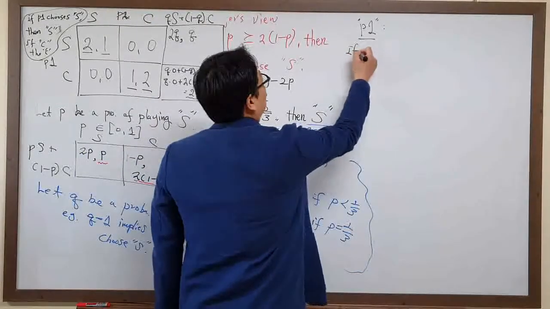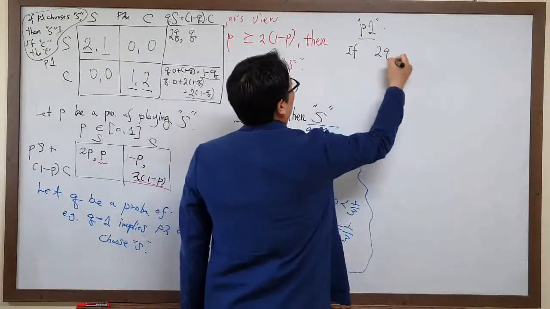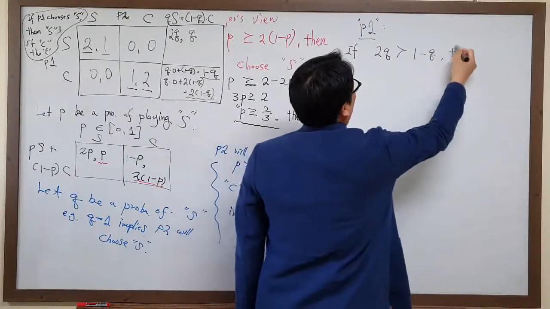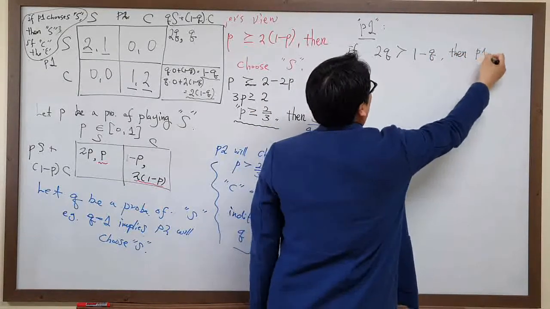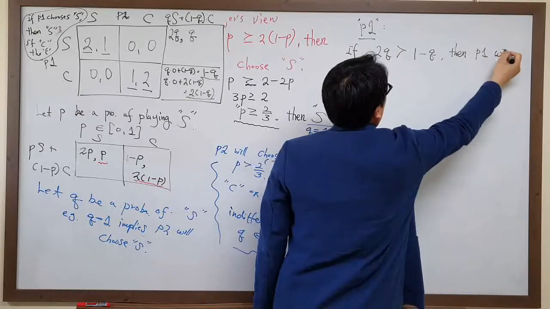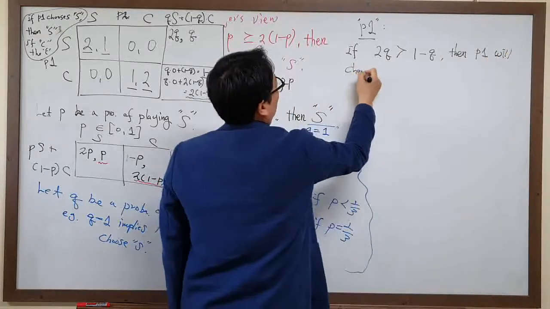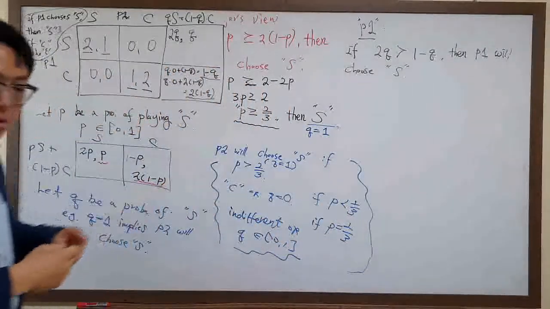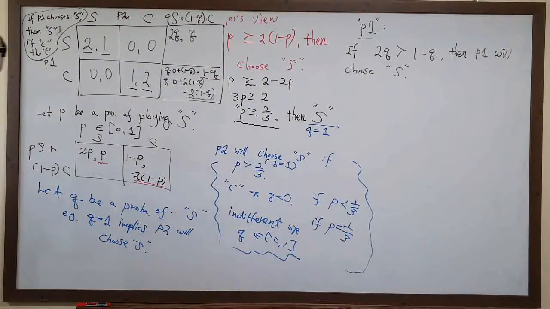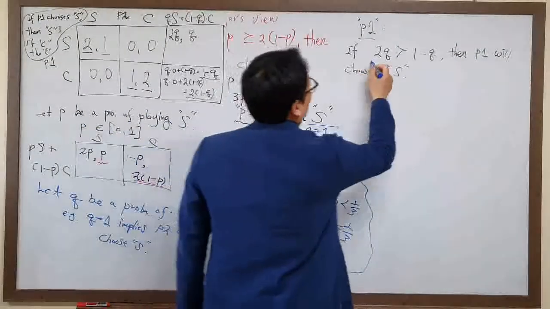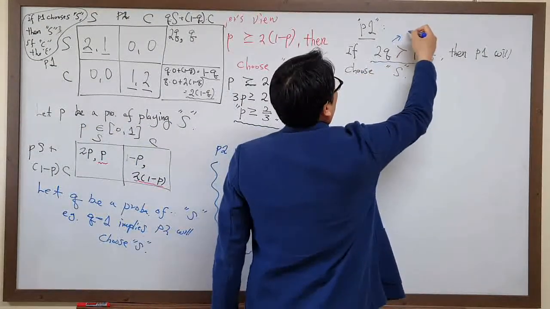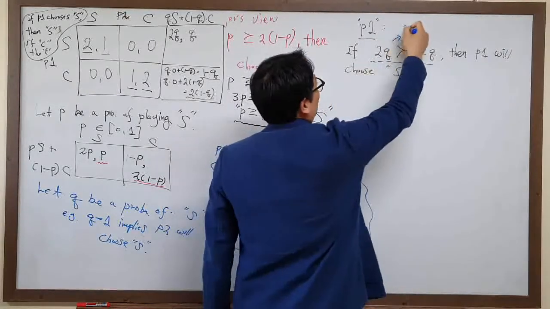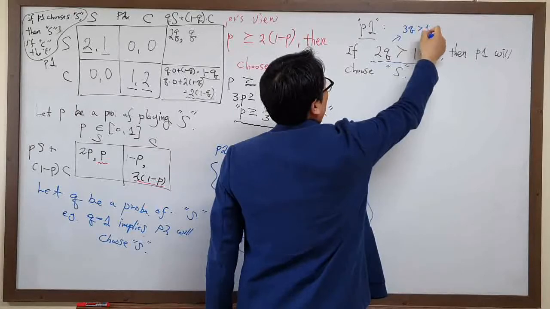If 2Q is greater than 1 minus Q, then player 1 will choose S. I can rewrite that: moving minus Q to the left-hand side, 3Q is greater than 1.